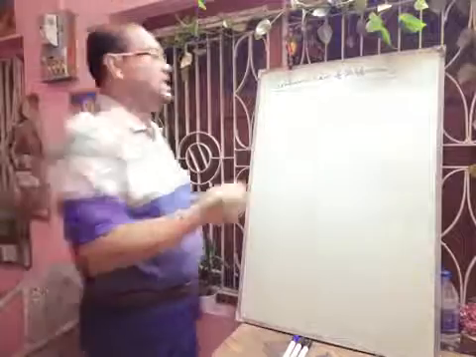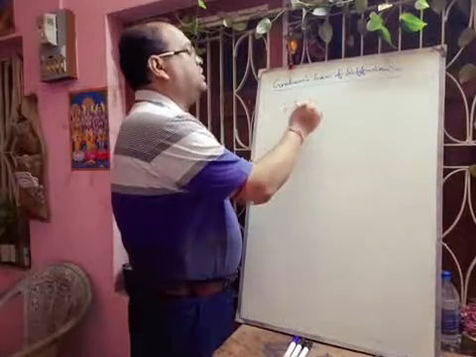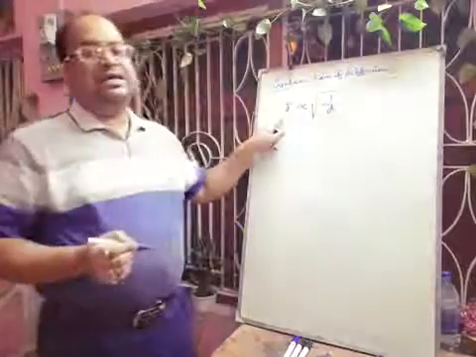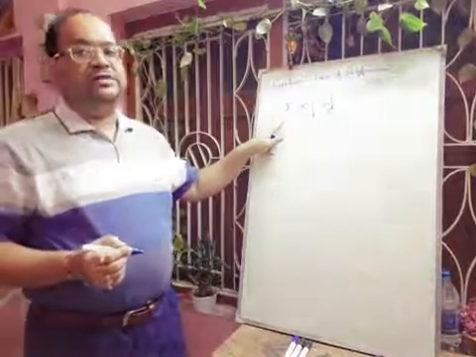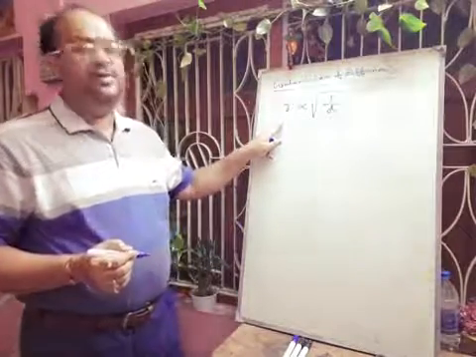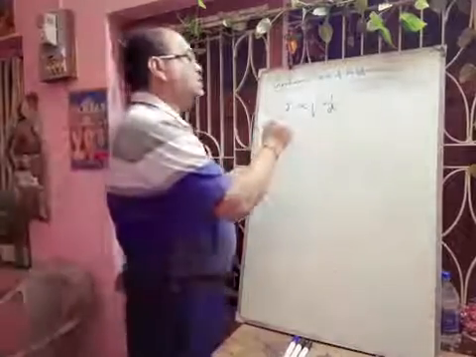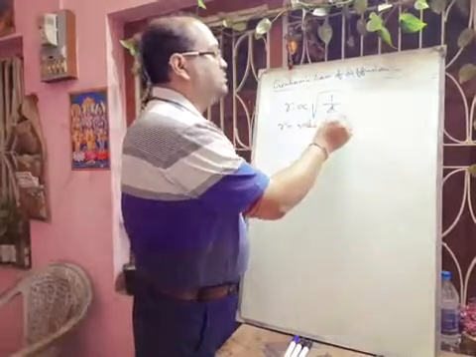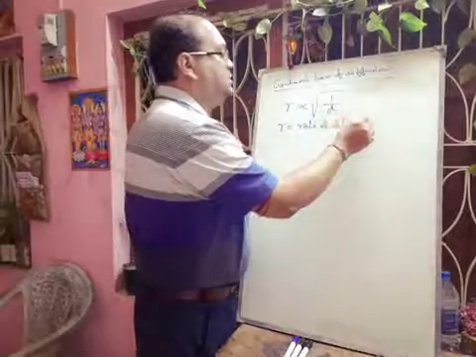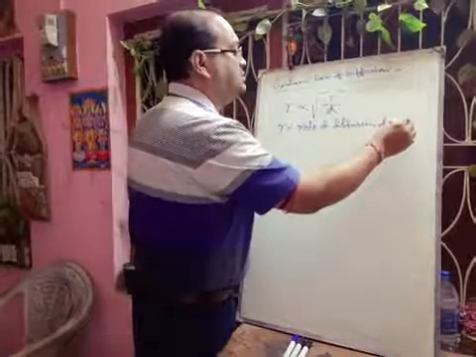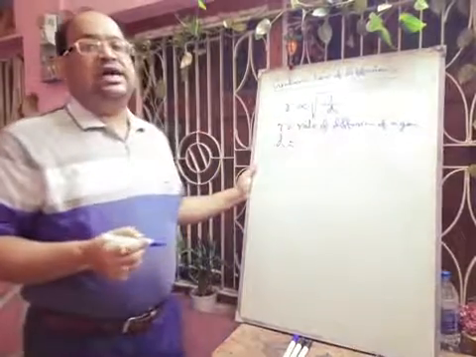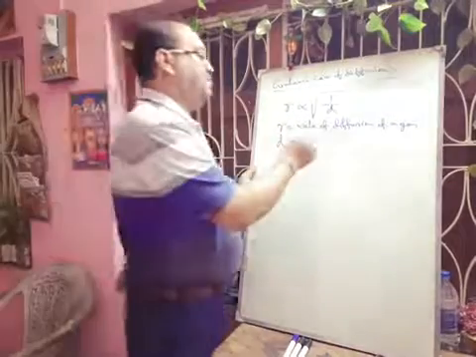So here R is proportional to root over 1 by D. Now what is R? R is the rate of diffusion of a gas. And what is D? D is the density of the gas.